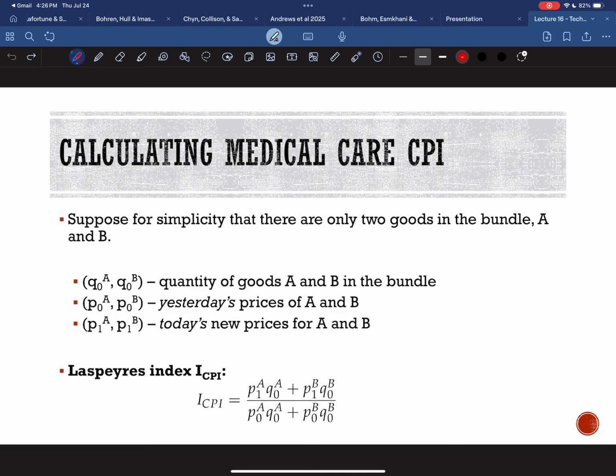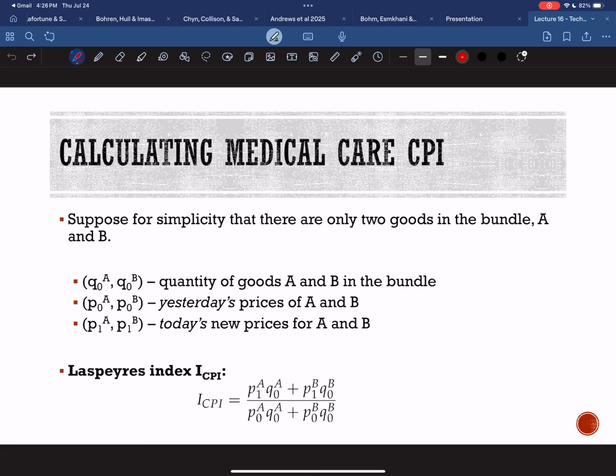So Q0A and Q0B are the quantity of goods A and B in the bundle from yesterday. P0A and P0B are yesterday's prices of A and B, and P1A and P1B are today's new prices for A and B.